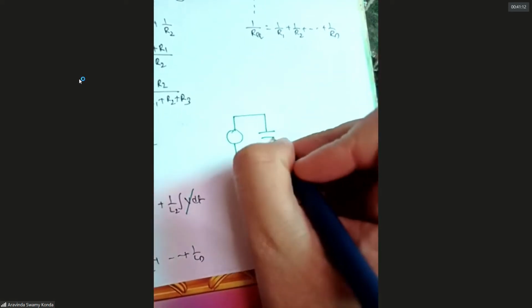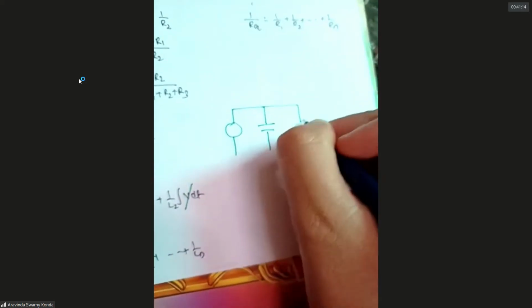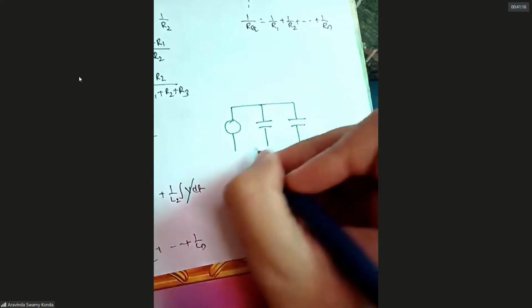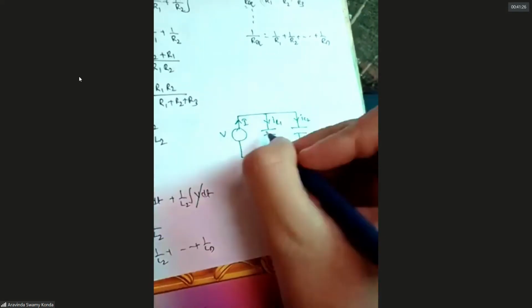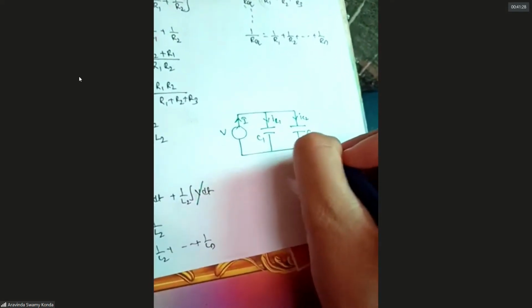So next I'm going with capacitors. So some voltage, some current, and this is I1. I1 we call IC1, IC1, IC2, C1, C2.